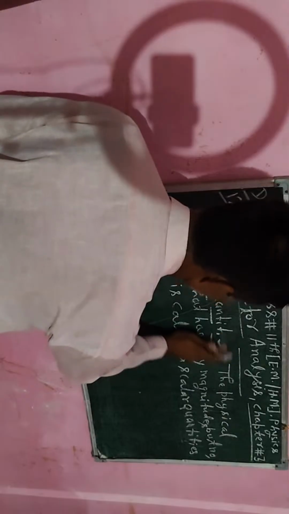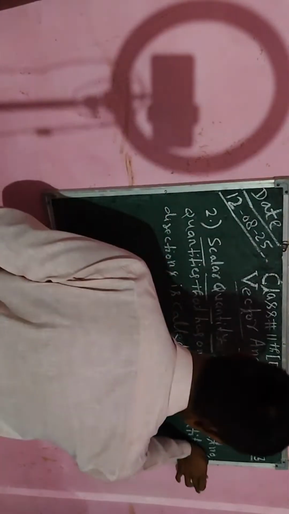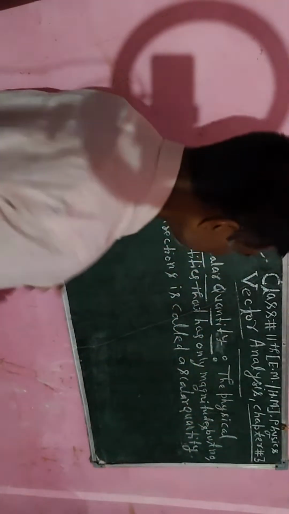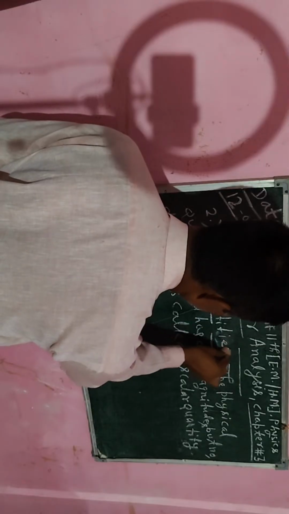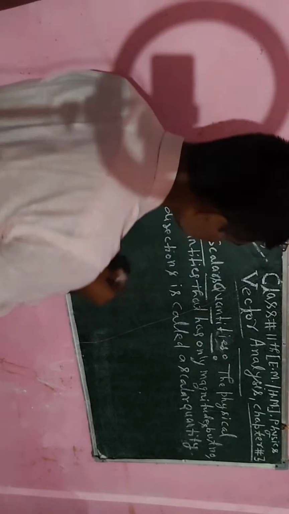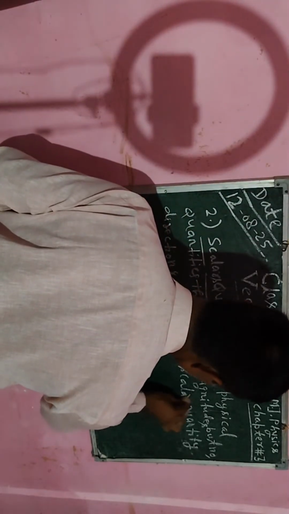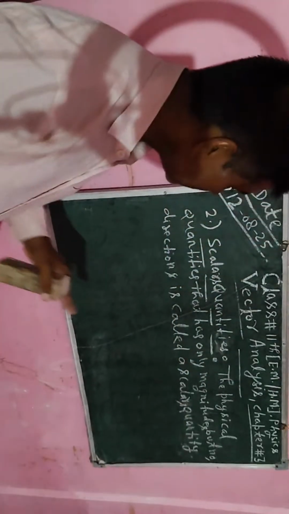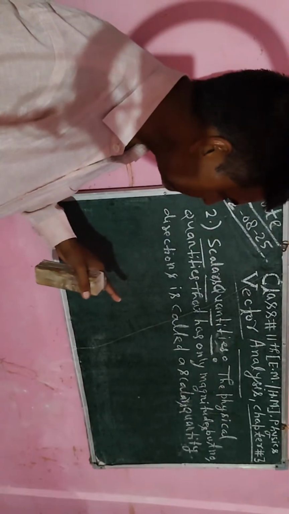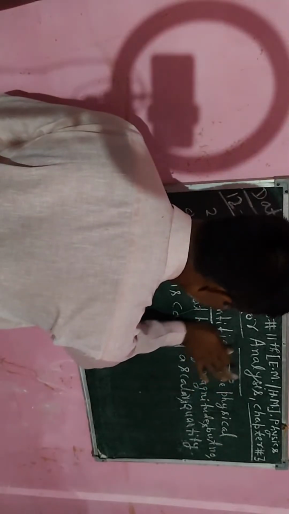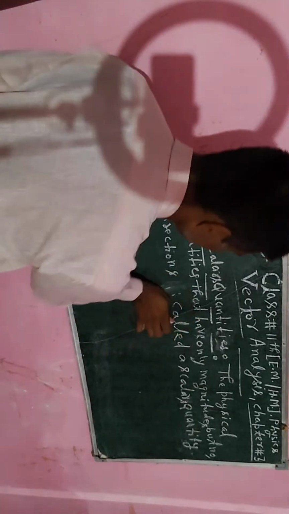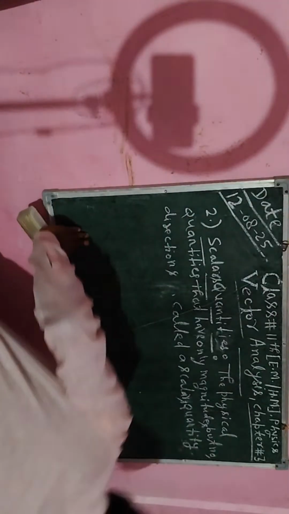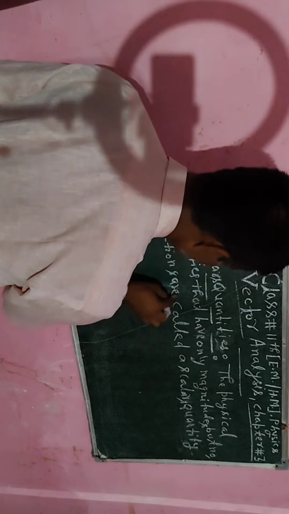So a physical quantity that has only magnitude but no direction is called a scalar quantity.